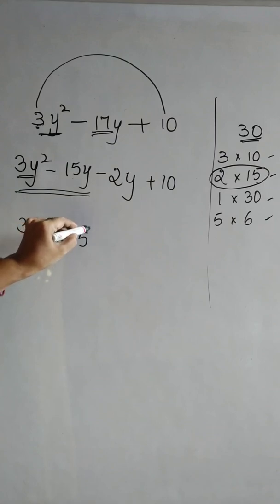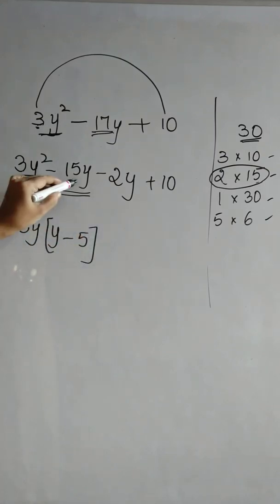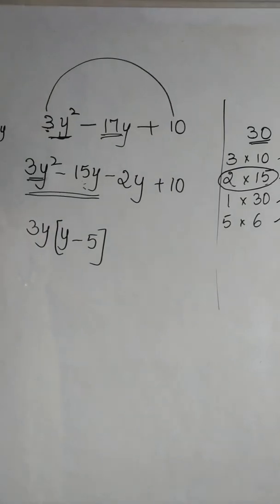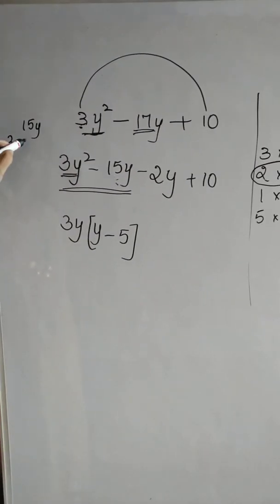See here, this 15y can be written as 3 into 5 into y. If we take 3 and y common, we are left with 5.